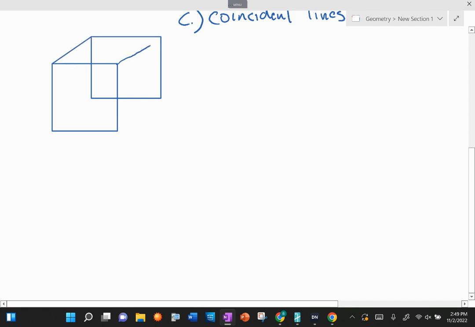What do you think coincident lines are? So like this. Well, but these are just intersecting because there's points at the end.